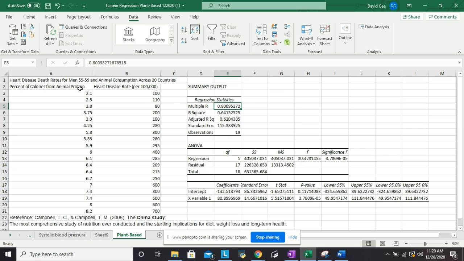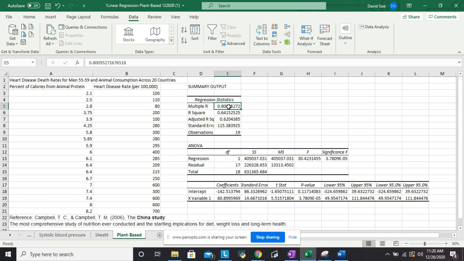What that means is that as I increase calories from animal protein, the pattern overall is that the heart disease rate is increasing.